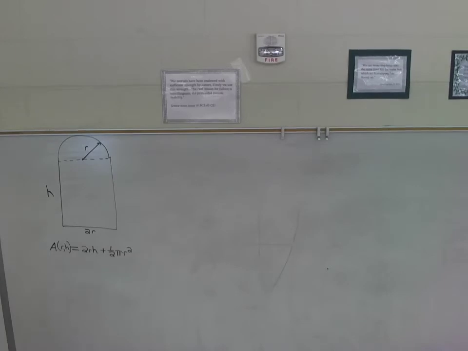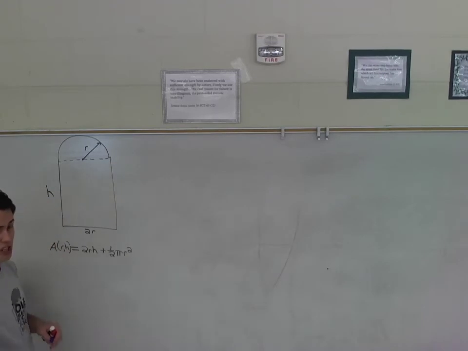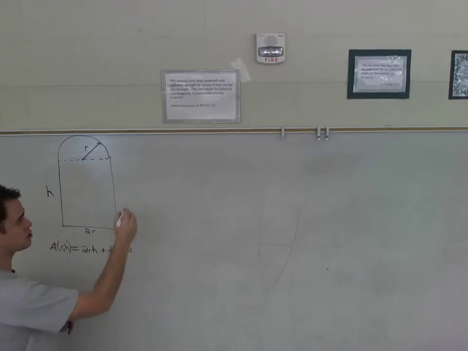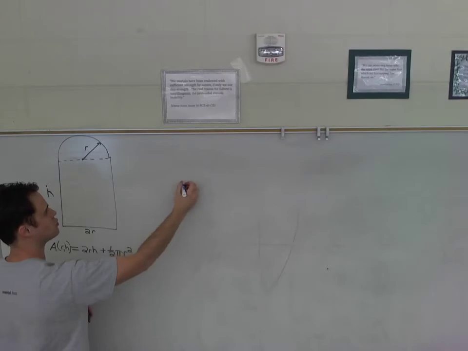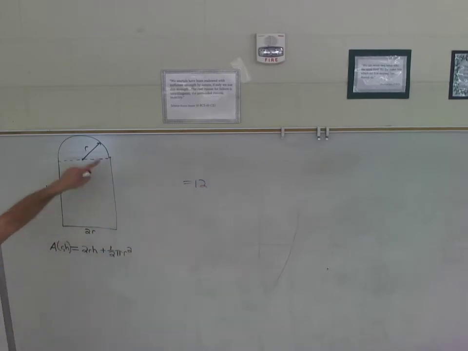So what else did they tell us that we haven't used yet? The 12 meters of material, and what's that describing, Paul? Max perimeter. Yeah, it's not saying it's the max perimeter, they're saying use that 12. They're saying 12 equals the perimeter. The frame is going to be the perimeter, isn't it? So what's the perimeter of this thing?